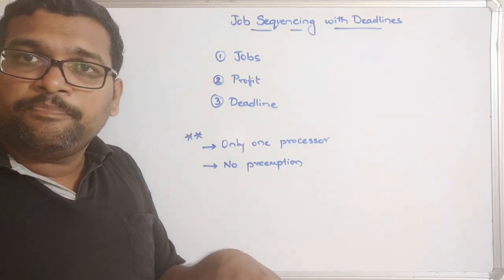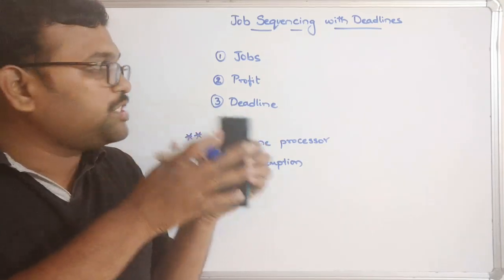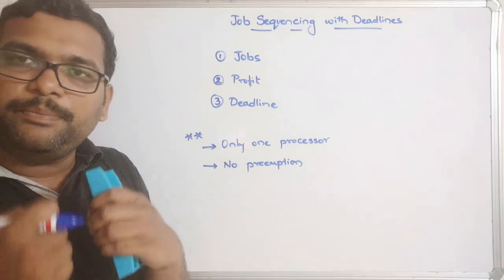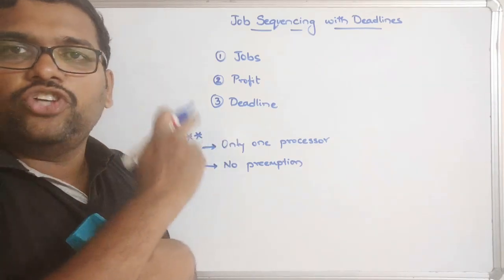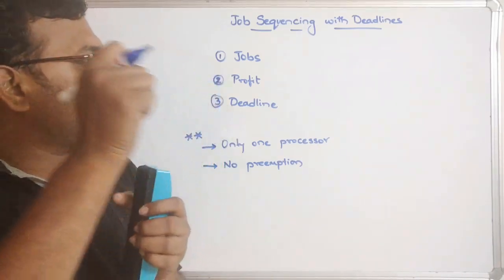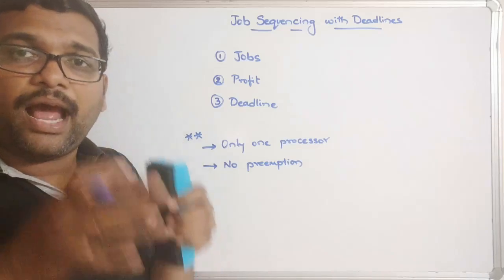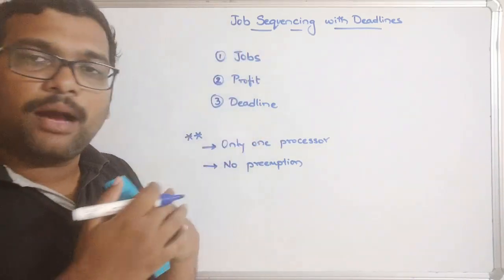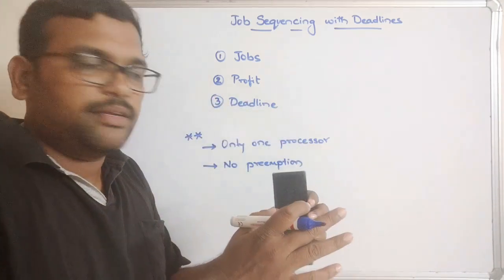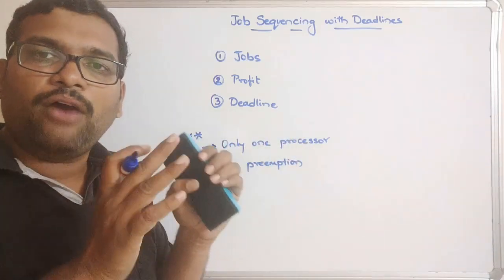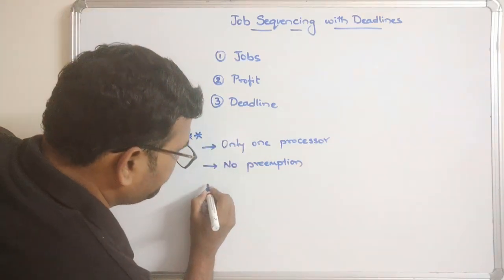Preemption means if there is any job with the highest priority, then the executing process will be put on hold and the CPU will be given to the highest priority process. That will not be done in this job sequencing. That means once the job is assigned to the processor, it has to complete, and the remaining jobs have to wait until the job gets completed by the processor. So once a job is given to the processor, we have to wait until it completes its execution. No preemption.